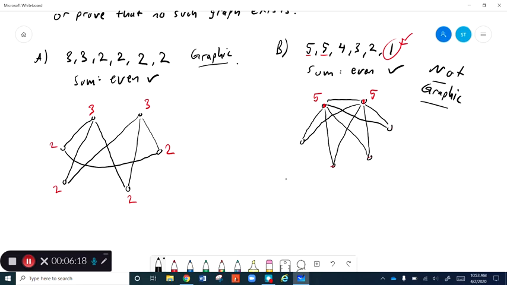So we can use what we discovered here in our proof. We're basically going to argue that, well, here, let's go ahead and write this out.